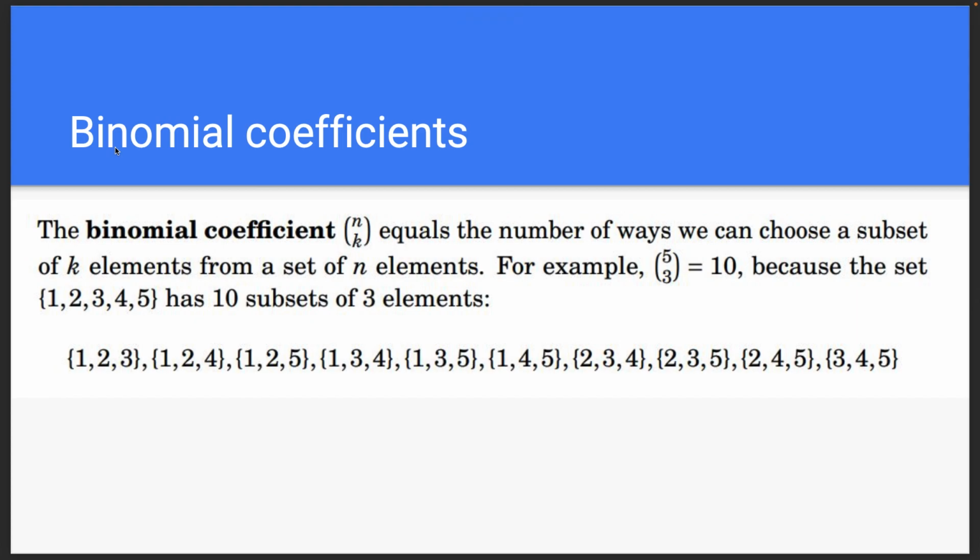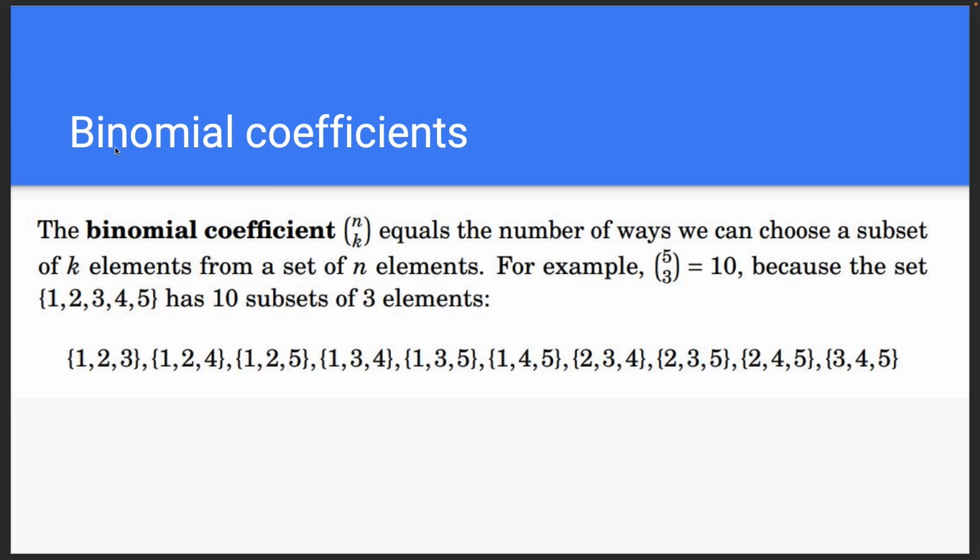And after that we have binomial coefficients, which is actually a combination of n and k, which means the thing I'm going to describe. Choosing k from n means that we have a set of n different elements, and we want to choose k elements from that.